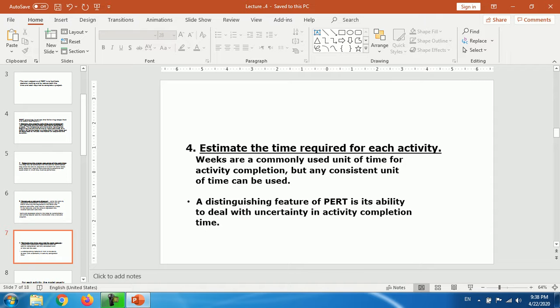Months. A distinguishing feature of PERT is its ability to deal with uncertainty in activity completion time.